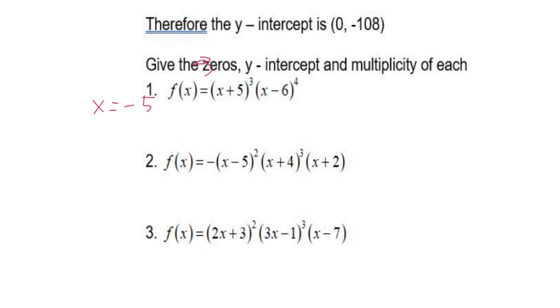We've got a 3. So we're going to have essentially a crossover. Our second x value comes from our x minus 6. Well, if x minus 6 equals 0, then x is equal to positive 6. We have ourselves an even exponent there, so we're going to bounce.